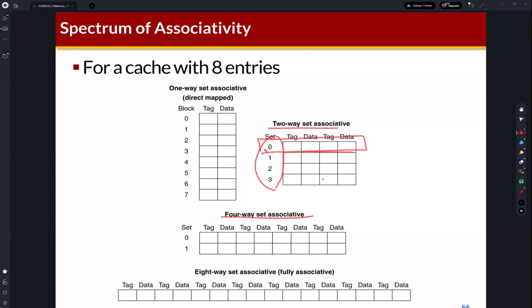How about the 4-way set associative cache? A single set includes 4 cache blocks. If the set associativity of the cache is the same as the number of blocks, it is a fully associative cache, so there is no index field here, and the allocated data can be placed in any entry in the cache.